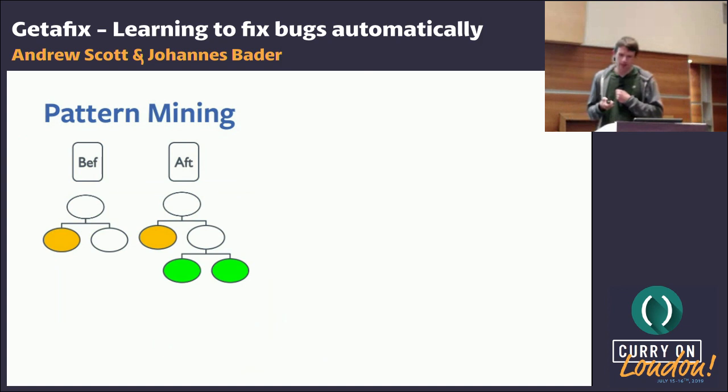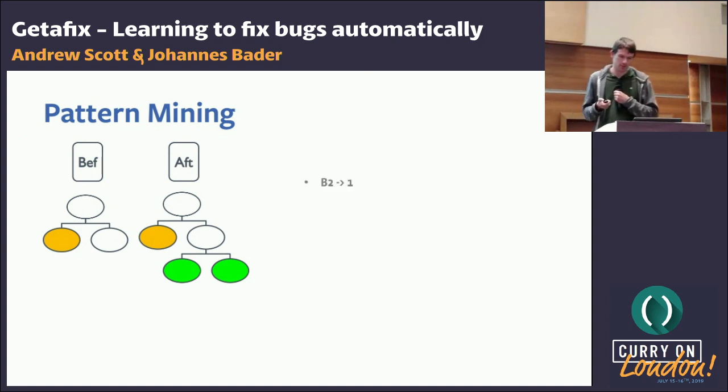So the partitioning function we end up using relies somewhat on our properties of how we merge edits and decide when to stop merging. So I won't go into too much detail about it. All you need to know is we take the number of modified nodes at each level, so the number of colored nodes at each level in the before and the after tree, and turn that into a hash.